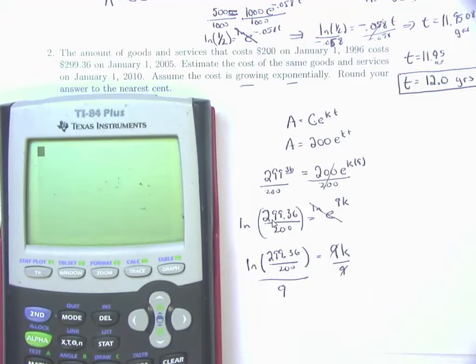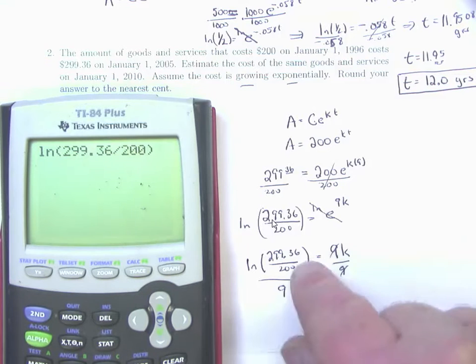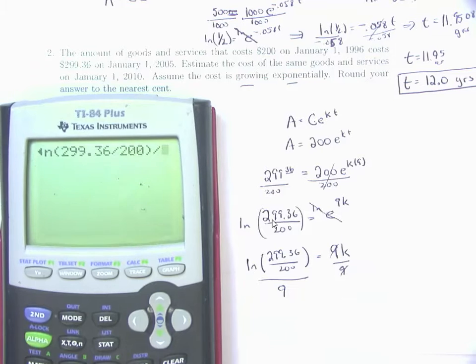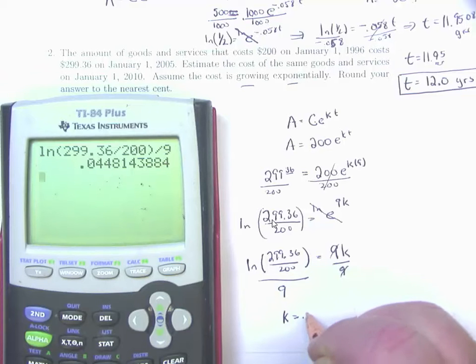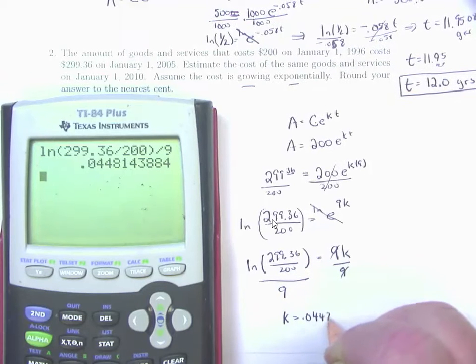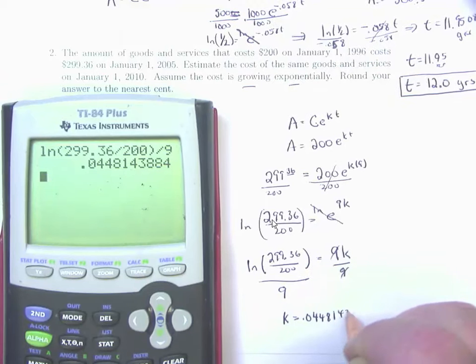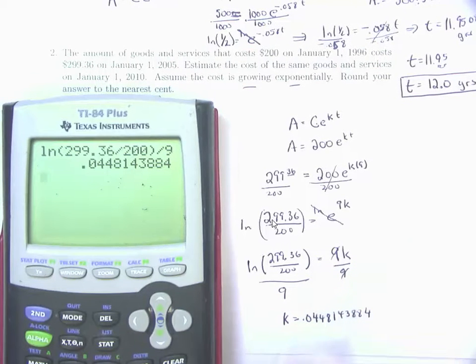It's going to be the natural log of 299.36 divided by 200, close parentheses for that natural log, and then we're taking that and dividing it by 9. Notice how I typed it in on my TI-84. Okay? And I get k to be equal to 0.04481438884.